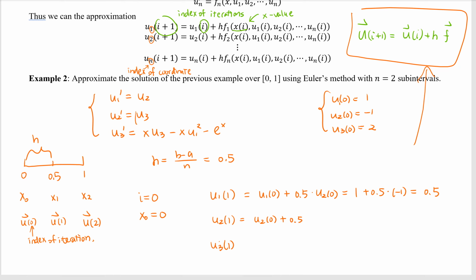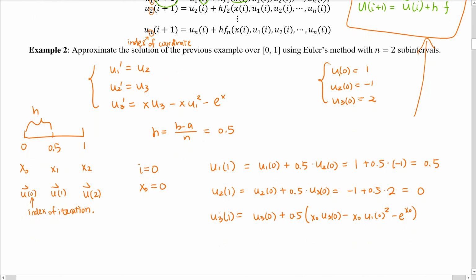times f, our f is u3, so that's u3 of 0. u2 of 0 is minus 1 plus 0.5, u3 of 0 is 2. 2 times 0.5 is 1. 1 minus 1 is 0. Okay, and this f is more interesting. It is x0 times u3 of 0 minus u1 of 0 squared minus e to the x0.